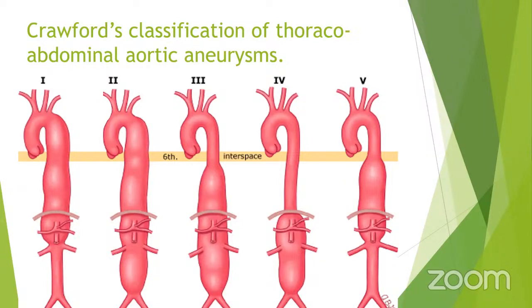Extent 5 involves the lower descending thoracic aorta and the upper abdominal aorta. They arise in the distal half of the descending thoracic aorta below the sixth intercostal space and extend into the abdominal aorta, but are limited to the visceral segment.